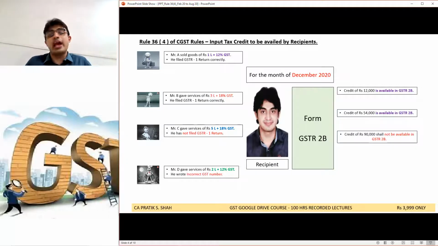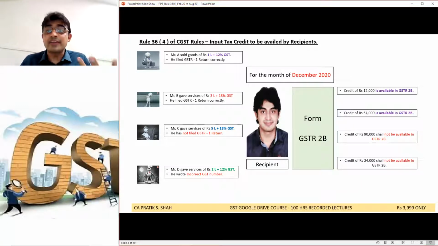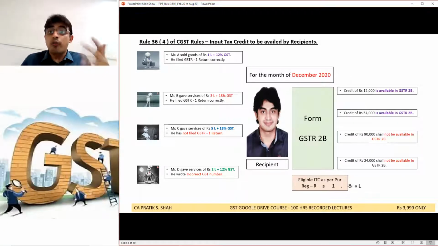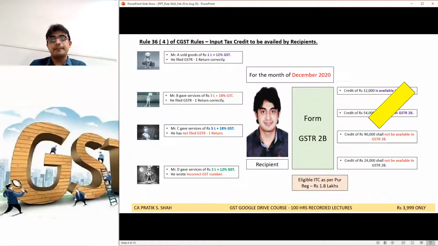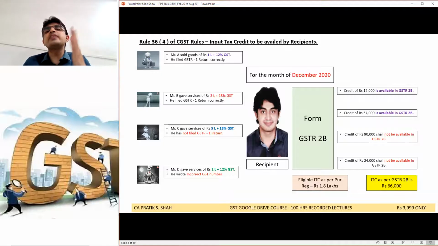He filed GSTR1, but instead of my GST number, he wrote someone else's GST number. So again, this 24,000 credit is not coming in my GSTR2B. So if you carefully see, how much is my actual ITC as per purchase register? What is my eligible ITC as per purchase register if you add 1 lakh 80? However, how much I can see in my 2B? Only 66,000. So difference of 1 lakh 14 is not available in my 2B.